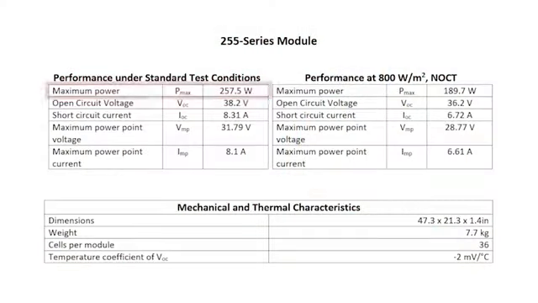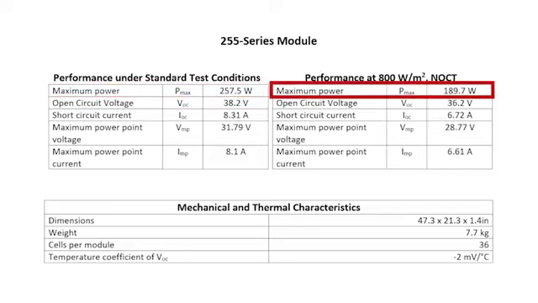In array design, individuals do not rely on IV curves to calculate expected module performance under STC and NOCT conditions. Instead, some of the module manufacturers will show the STC and NOCT outputs in their own product labeling. In this case, a module STC is shown as having an average power output of 257.5 watts.